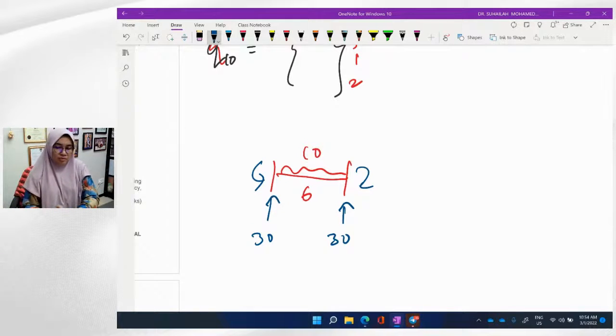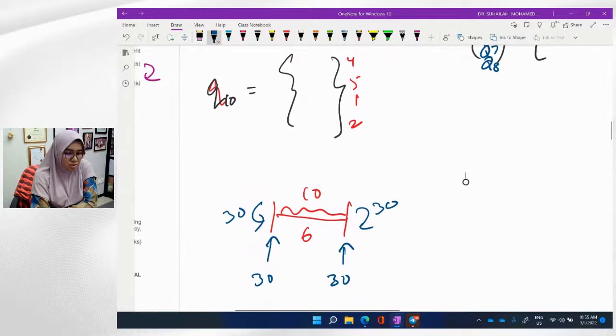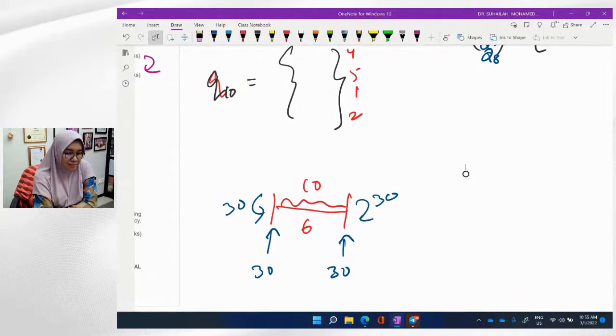And WL squared over 12, where W is 10 and L is 6, is 30 as well. So we put into this.